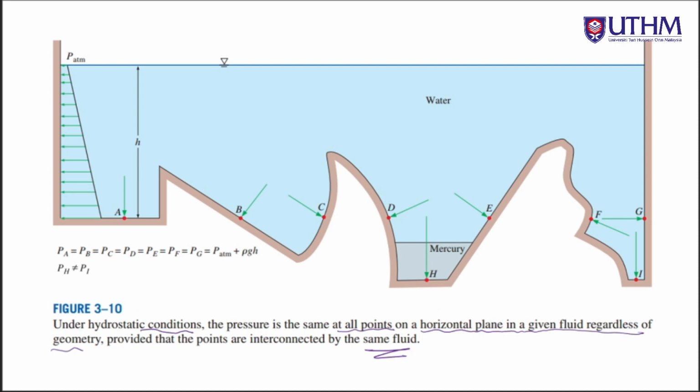Okay, ini penting. So maksud dia, medium dia ataupun fluid dia adalah sama. Contoh macam dalam gambar ni kan, dia kata apa? PA equals to PB, PC, PD, PE, PF, PG, which is equals to atmospheric pressure plus the rho g H. The rho g H adalah pressure tambahan disebabkan position of tempat yang kita nak kira tu lah.